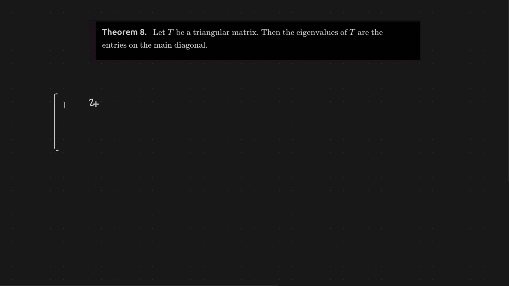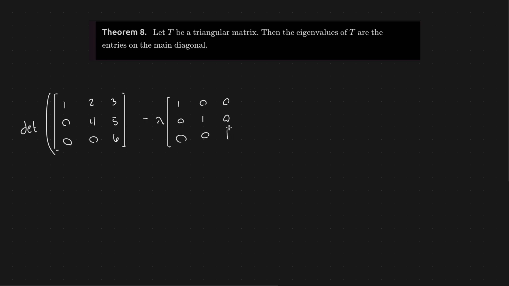So let's do 1, 2, 3, 0, 4, 5, 0, 0, 6. This is an upper triangular matrix. All right. So if I look at the characteristic equation of this matrix, let's see what we get here.